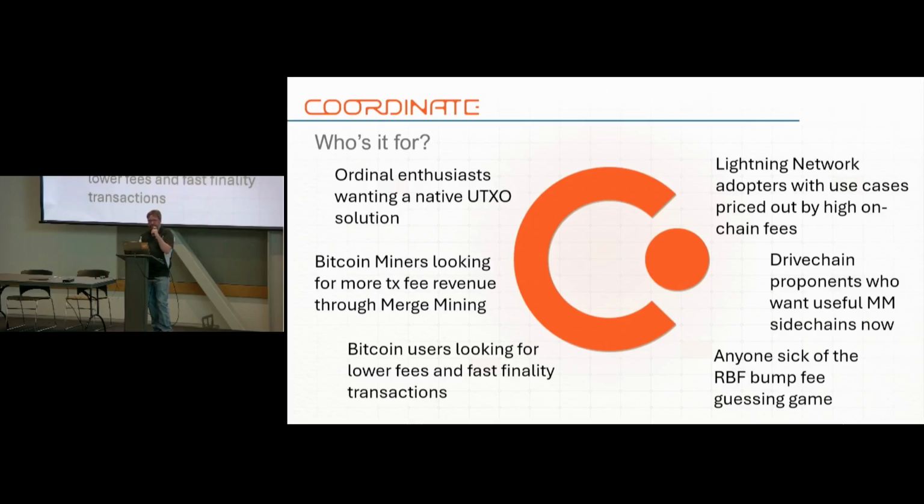All right. So who's Coordinate for? It's for ordinal enthusiasts wanting a native UTXO solution. Now, I'm sure all of you know how ordinals work, but it's kind of a hack, and BRC20 is way, way worse. Well, ordinals is kind of a hack. So ordinal inscriptions is literally using Taproot, running a tapscript, and the first argument in the tapscript is false.